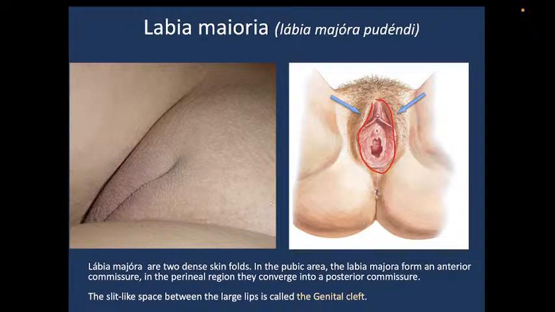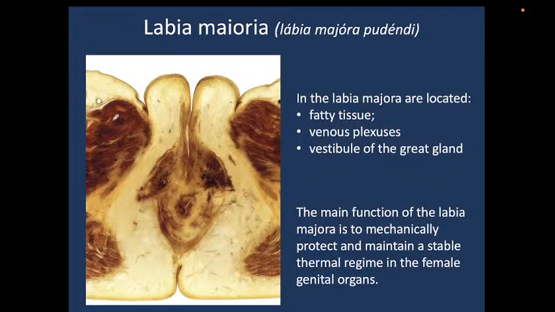Here is the genital cleft. The skin of the labia majora contains a lot of adipose tissue with connective tissue and venous plexus. It is visible here, a lot of adipose tissue. These two folds are labia majora, with a lot of fatty tissue, venous plexus, and it is also the place where the greater glands of the vestibule are located, usually here.